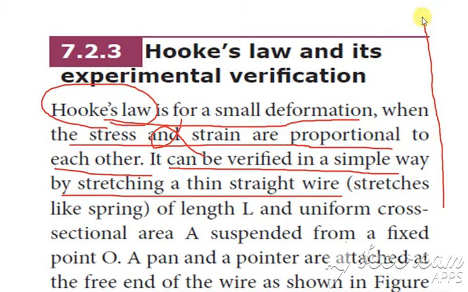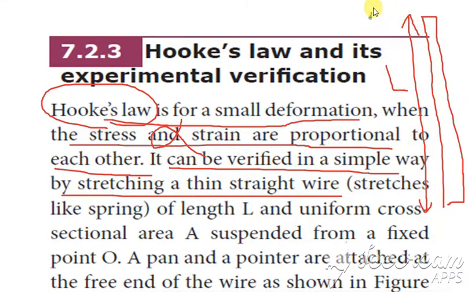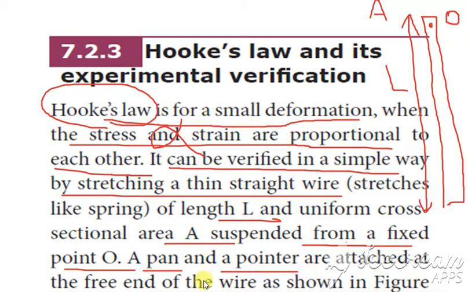So we are considering a thin straight wire that has length L and area A, suspended from a fixed point O. At its free end, a pan and a pointer are attached.